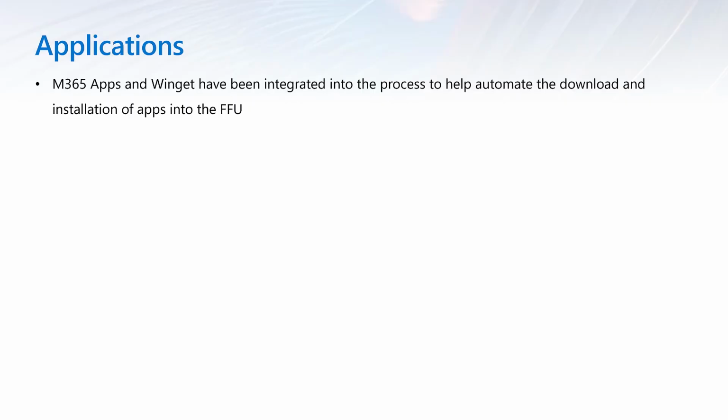Okay, applications. So for applications, Microsoft 365 apps and Winget have been integrated into this process. And the whole point of this is to automate as much of this as we can. And so we automate the download and installation of apps into the FFU. It's not so much just building an FFU with no apps in it. Like the whole point of this is to put apps in it and make a thick image.